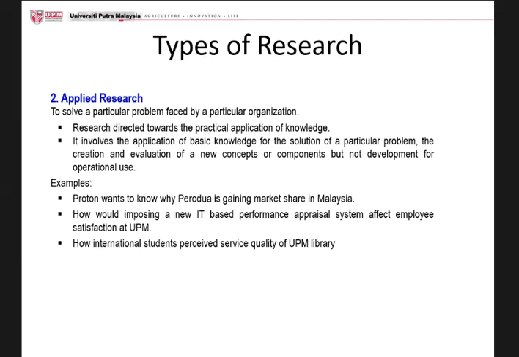In your skills, doing agriculture technology, teknologi pertanian, what kind of study can you do in relation to applied research?